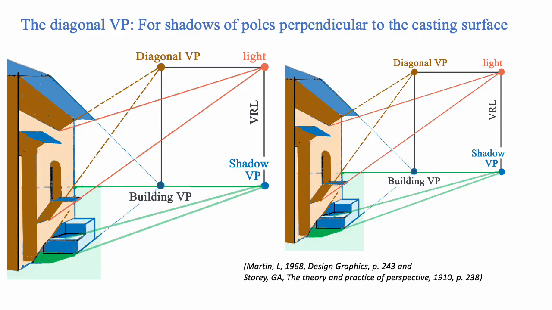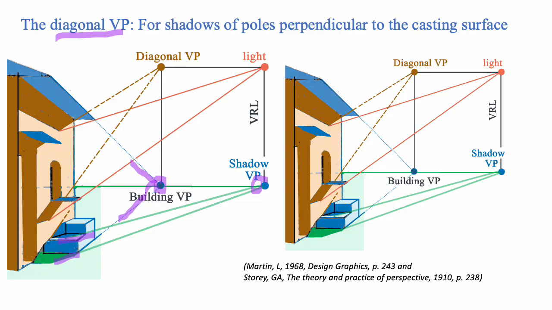I want to introduce you to the diagonal vanishing point, but let's first find the vanishing points that we talked about in previous videos. The building vanishing point is for structures on the building, like the roof and the stairs. The shadow vanishing point is on eye level, so it's for any shadows on the ground or the stairs, since they're both horizontal.